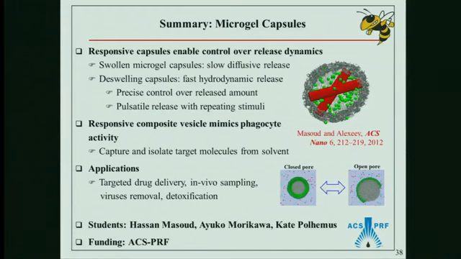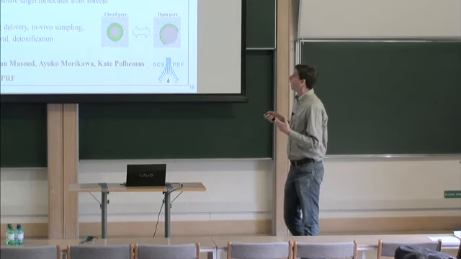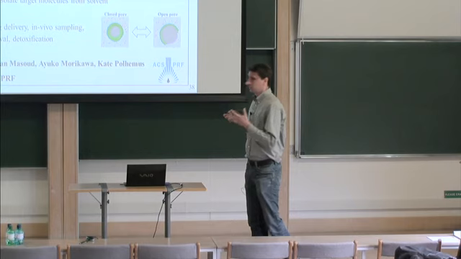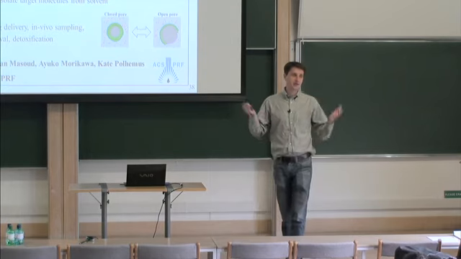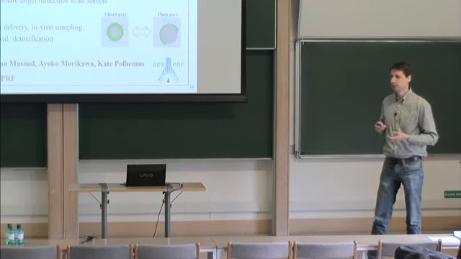We looked at how we can use this model to model release from gel particle vesicles, right? It's not a vesicle, it's a gel capsule, right? Or we can use this model to design some sort of artificial phagocyte that can capture something from the solvent.